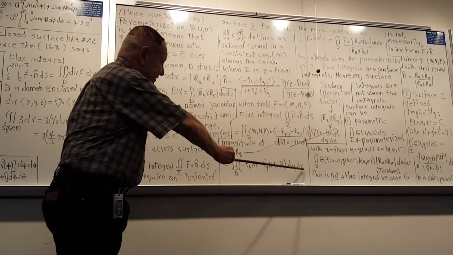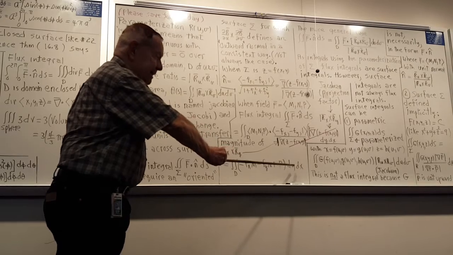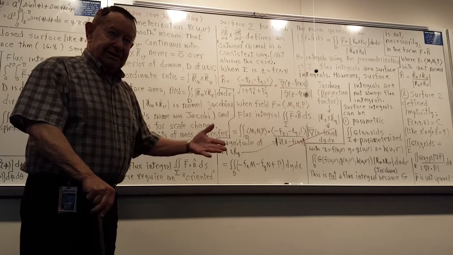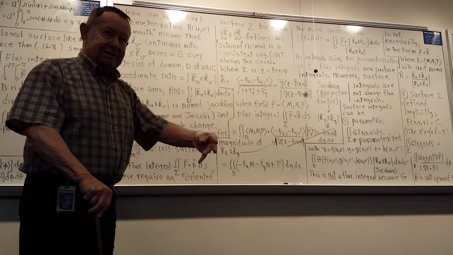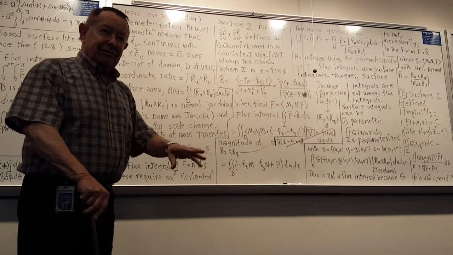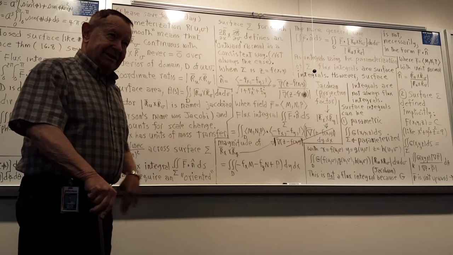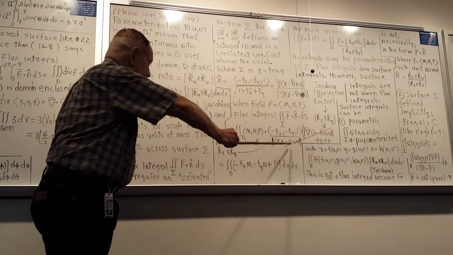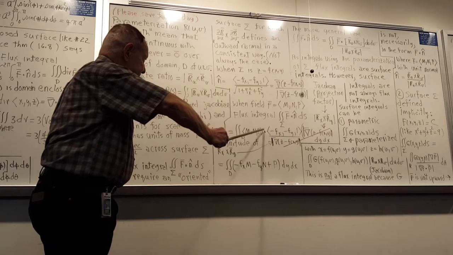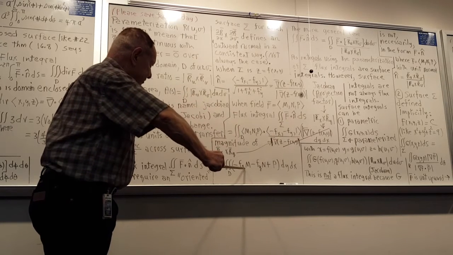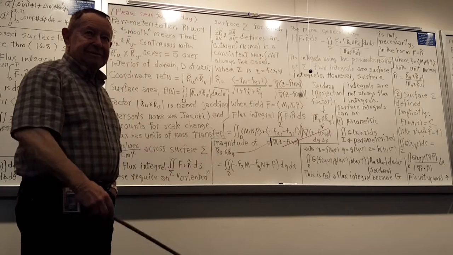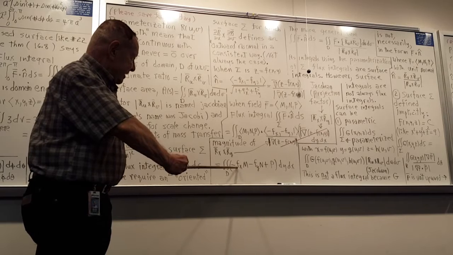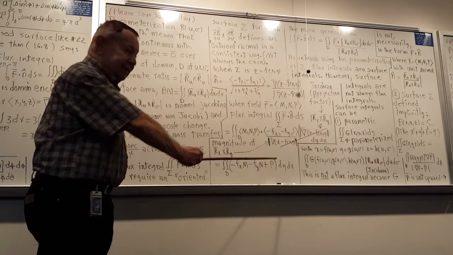In other words, you're not using x and y as your parameters, but you might be using y and z so that you're projecting into the yz plane, or x and z so you're projecting into the xz plane. So if you had that, then this part would be right, but you wouldn't have this down here. You'd have, depending on which plane you went into, two of the partials and then the other component.